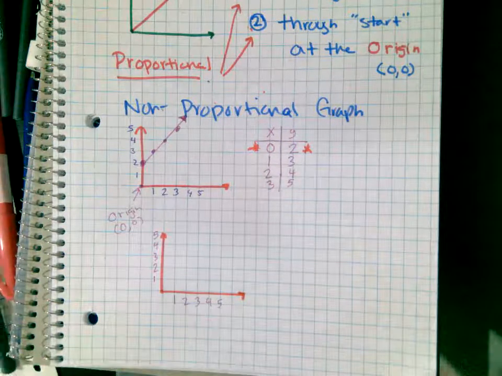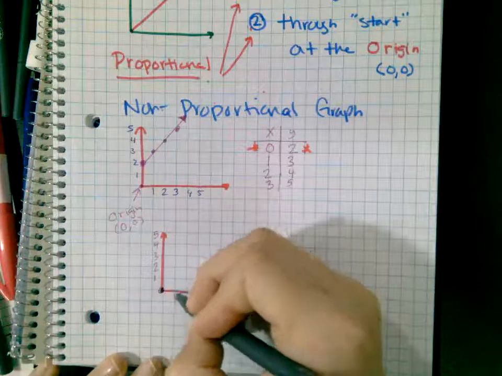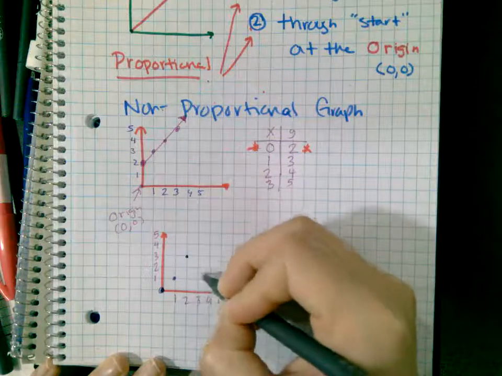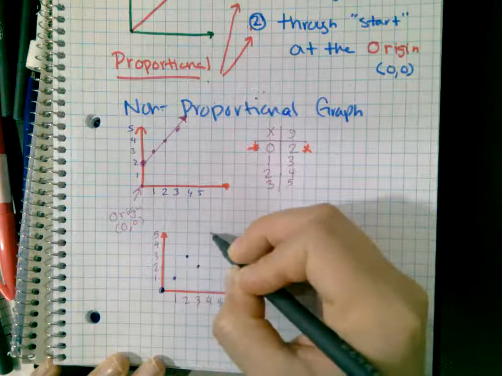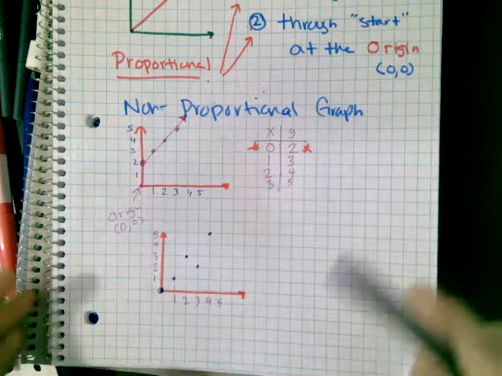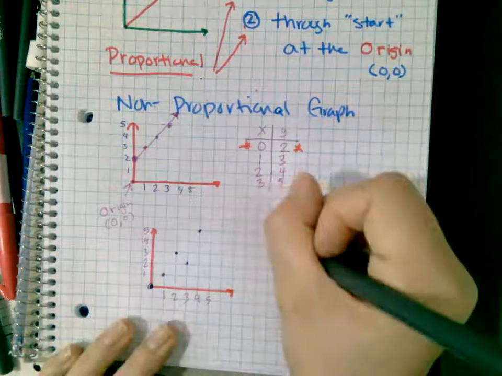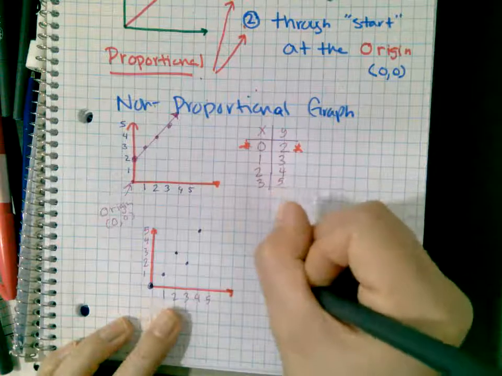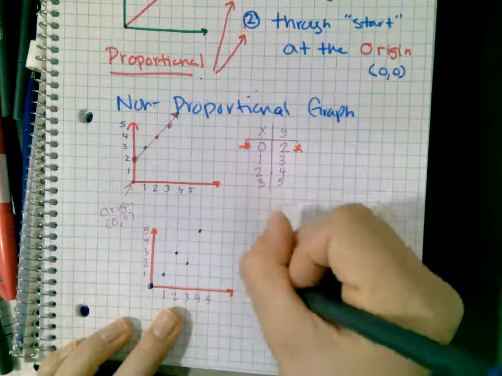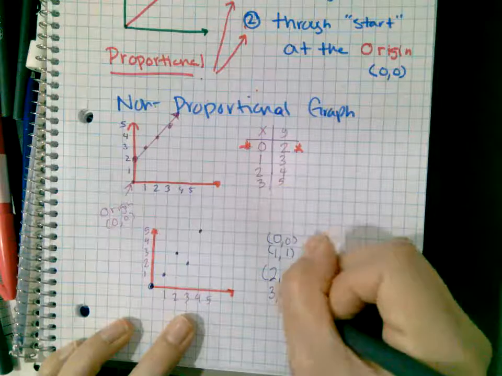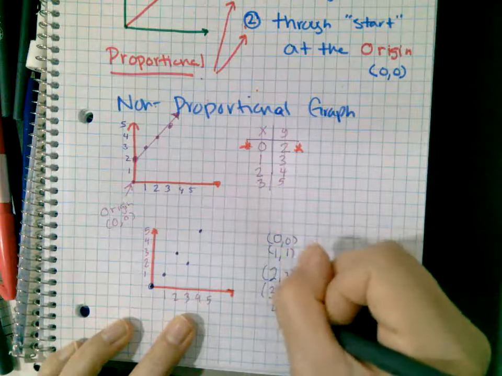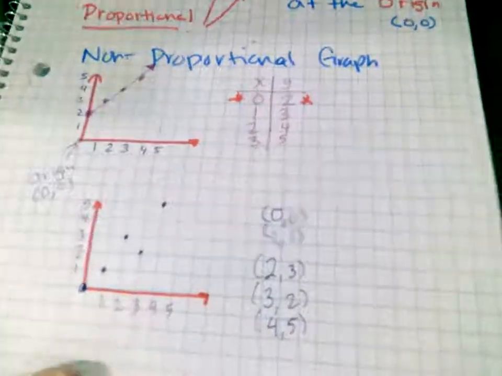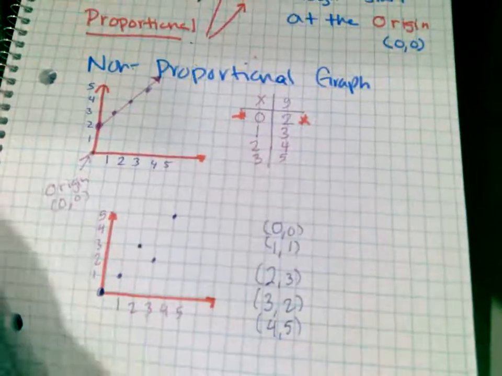So this one's going to start at 0, 0. 1, 1, 2, 3, 3, 2, 4, 5. So these are the points: 0, 0, 1, 1, 2, 3, 3, 2, 4, 5. So those are my points.